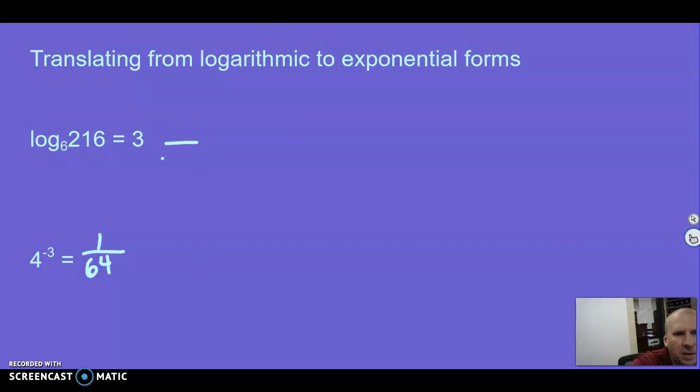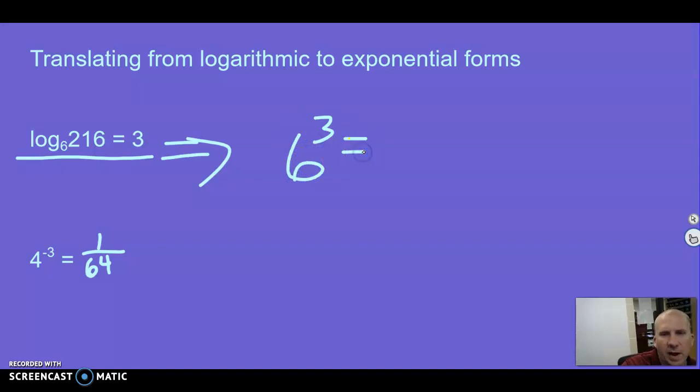So what that means is if this is true, then we can take the information from the log. Log base 6 asks the question, 6 to what power gave you 216? Well, if the answer was 3, then that must mean 6 to the third power is 216.